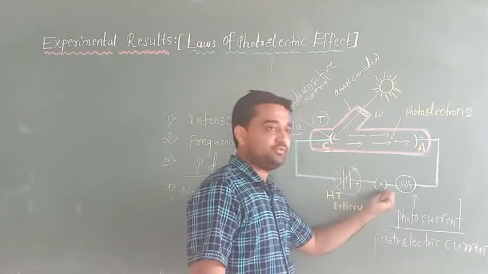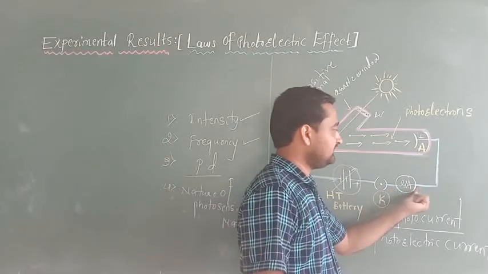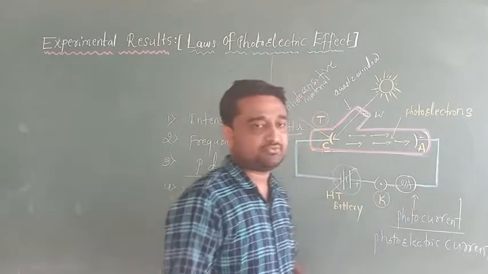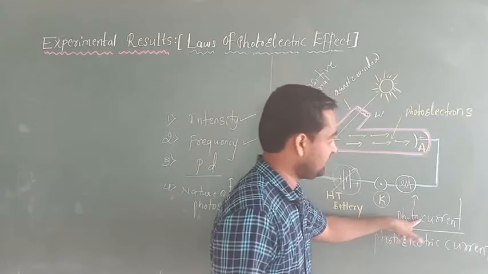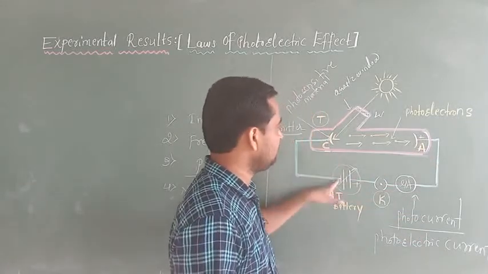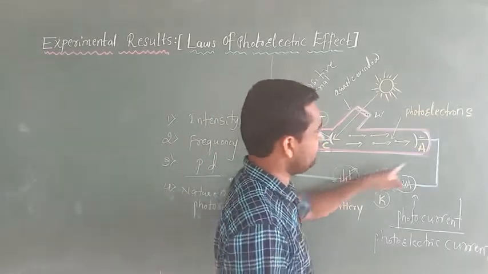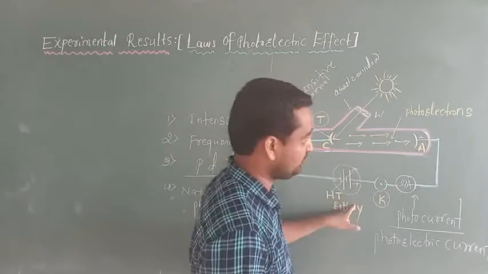A key is used to switch off and switch on, and a microammeter is used to measure the photocurrent. The anode is made positive with respect to the cathode, so the cathode is at negative potential and the anode is at positive potential.